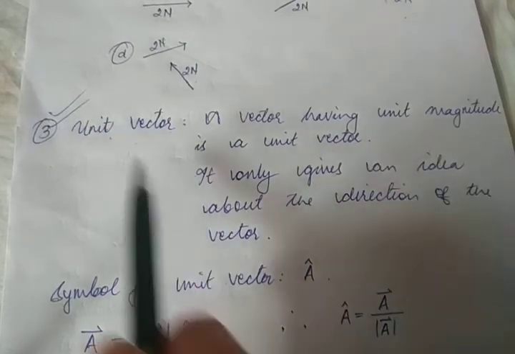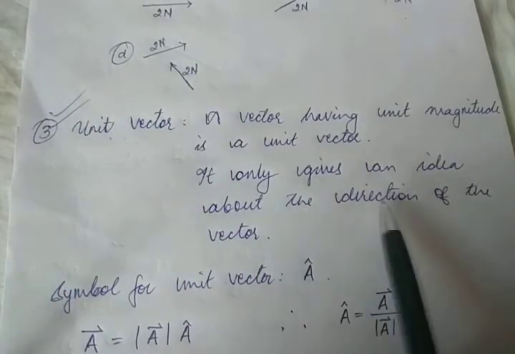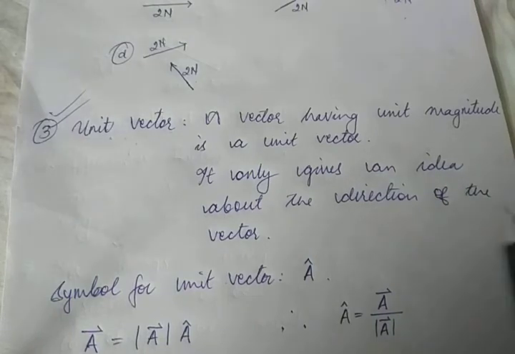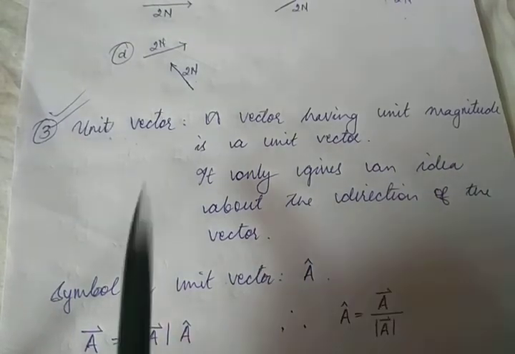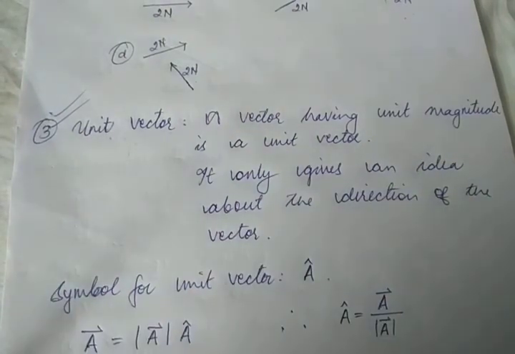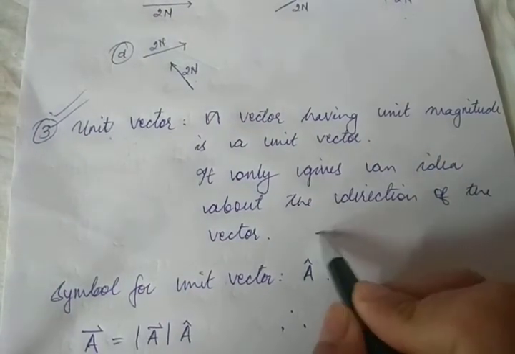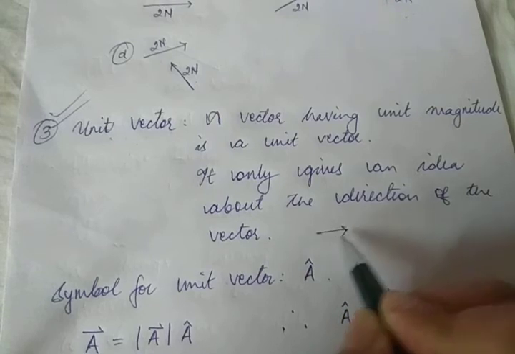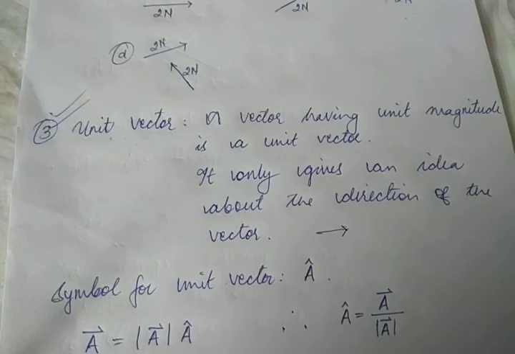So unit vectors give us an idea about the direction of the vector. This unit vector will have a certain direction and unit magnitude. So it will give us an idea about in which direction the vector is directed. Understand only this much for now.